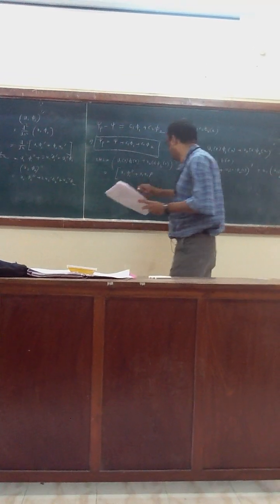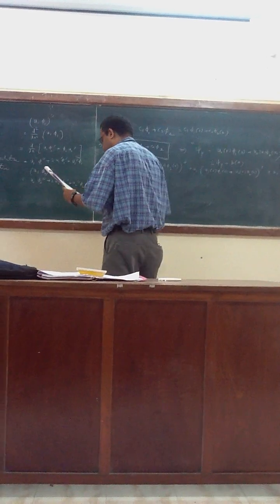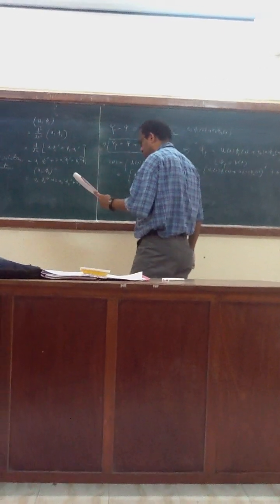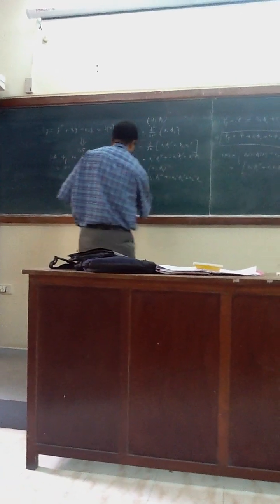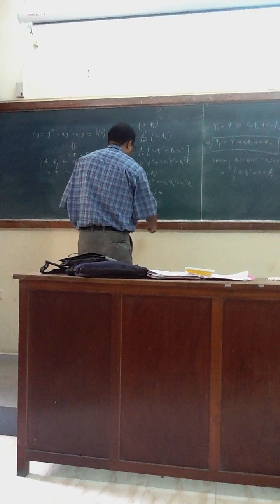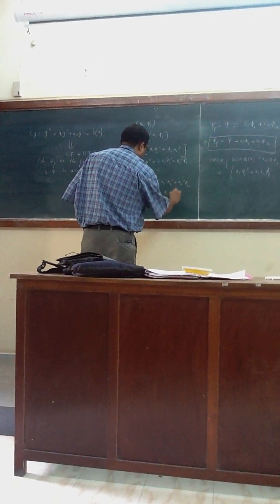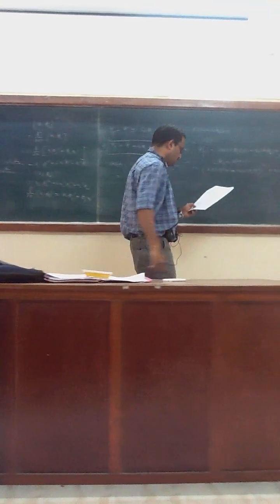Here I don't like u1 phi 1. So you can also do a calculation. d/dx of u1 phi 1, and you know that it is u1 phi 1 prime plus phi 1 u1 prime. Okay?